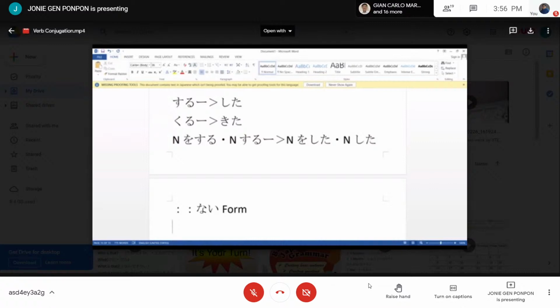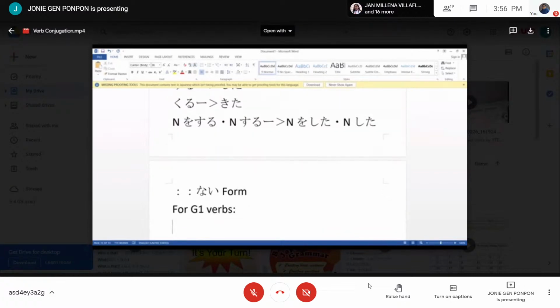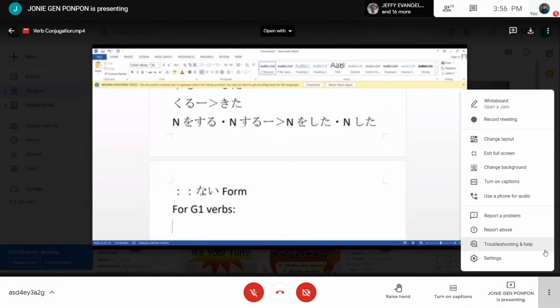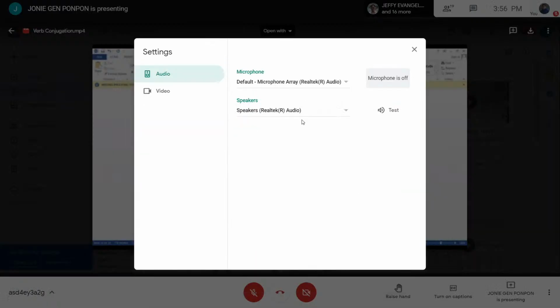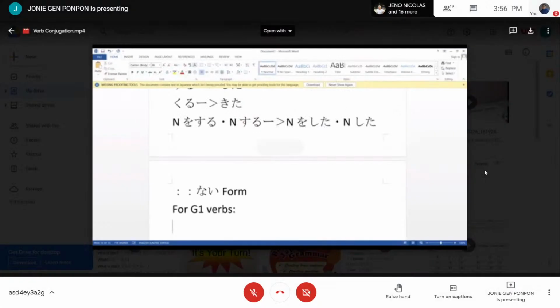Okay, so for group 1 verbs under the nai form, since the jishuke of the verbs ends in the u sound, just change the u sound to a sound, then append nai.